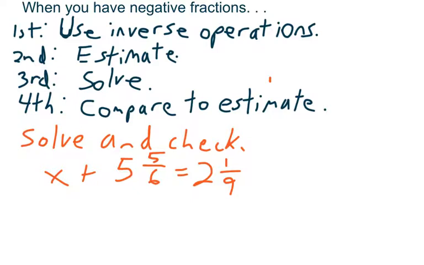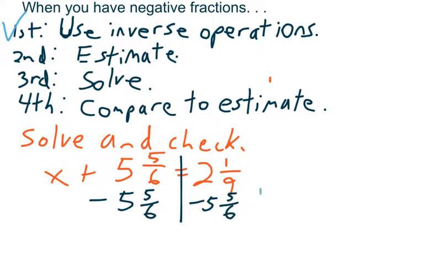So my first step is to use inverse operations. I'm adding the 5 5/6, so I'm going to subtract 5 5/6. Whatever I do to one side, I do to the other side. So first step, check. I'll make a note that was my first step.